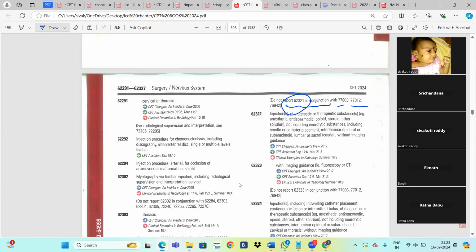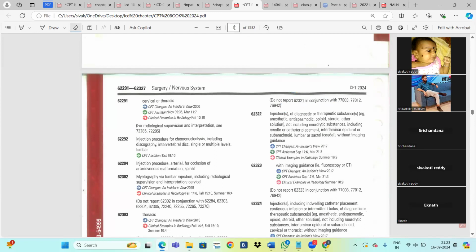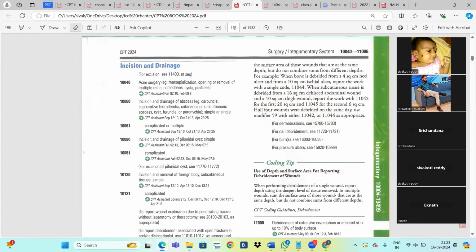See, do not report 62321 in conjunction with 77003, 77002, 76942. These are CT and fluoroscopy codes that we should never code separately again, because 62321 includes imaging. Okay? Clear? Remember these things, guys.